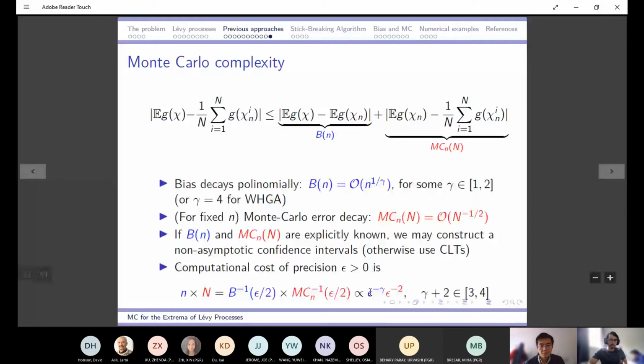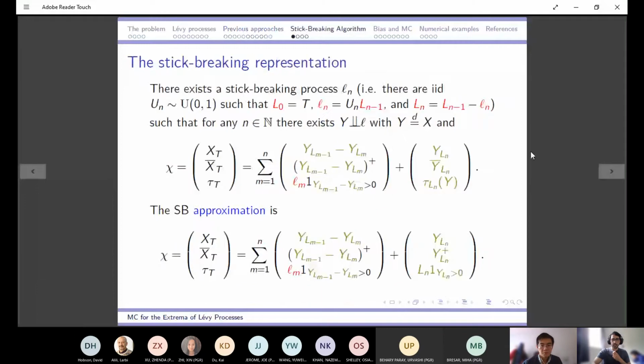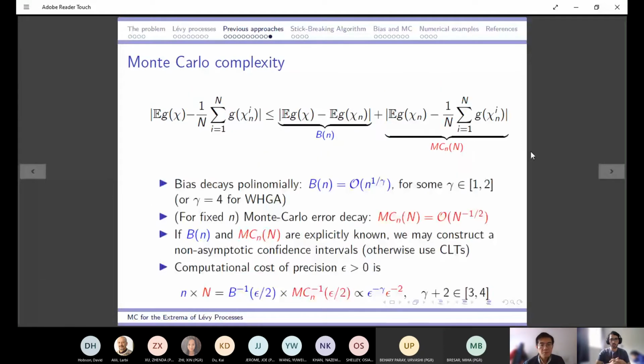But anyway, the full complexity of what you need to run on your computer will be of order epsilon to the minus gamma minus 2, right? Epsilon to the minus gamma is what you need to invest in the computer to get something that has a small bias, and epsilon to the minus 2 is just from the Monte Carlo error, so from the number of samples that you need to repeatedly draw. Okay. So now I'll go forward and present the new method.